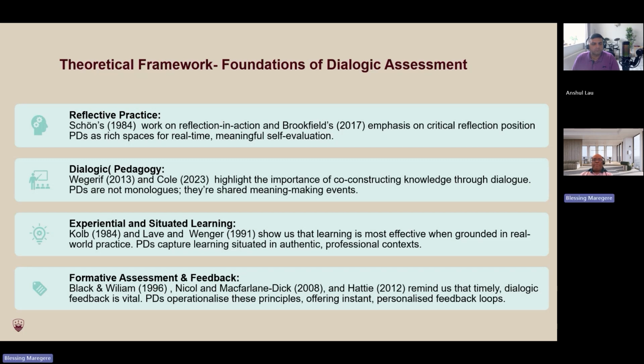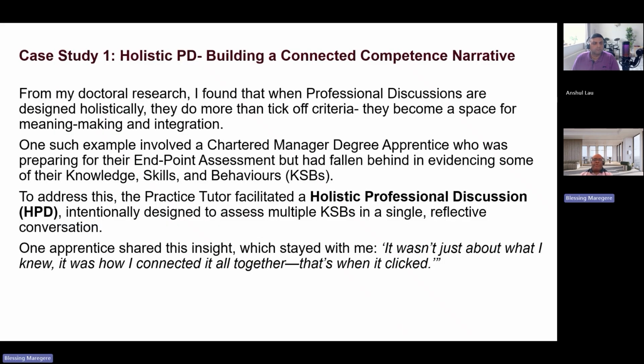Okay, so I'm going to share with you now some case study examples of application of professional discussions. Through this dialogic space, apprentices and learners demonstrate an integrated understanding of the knowledge, skills, and behaviors that they're learning.